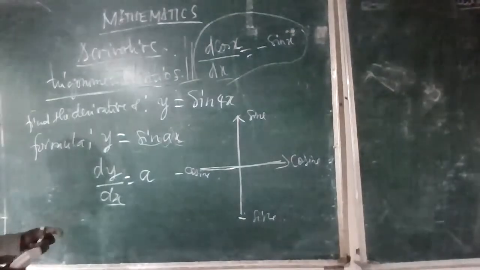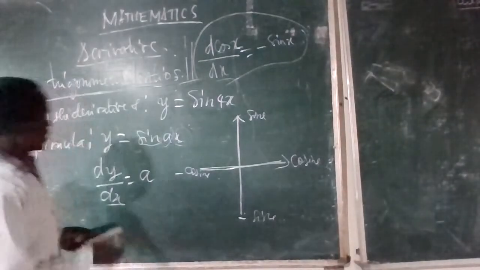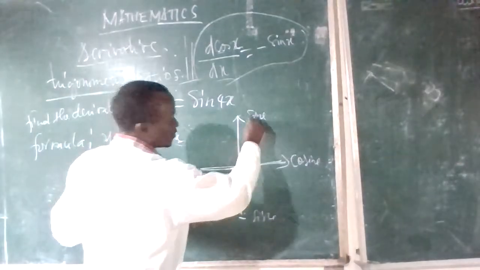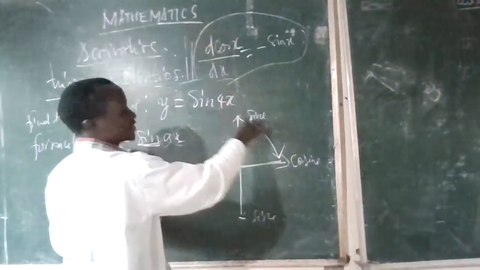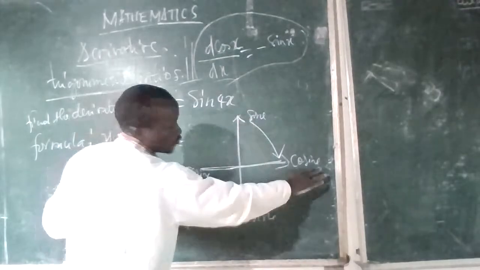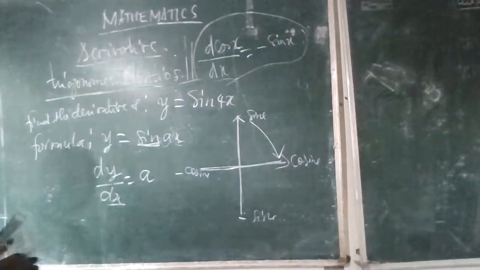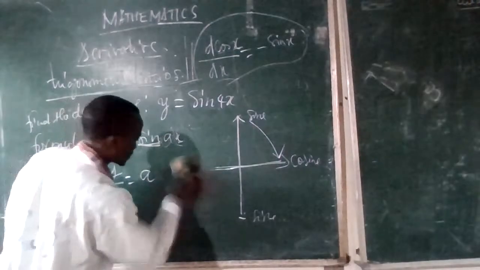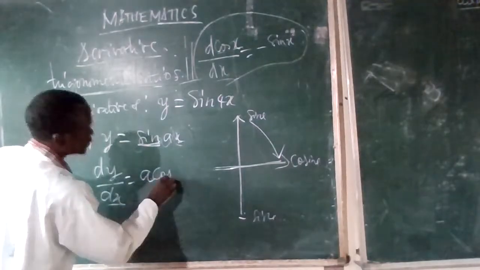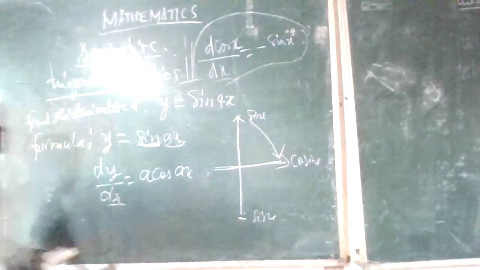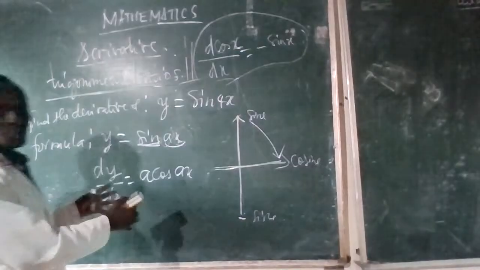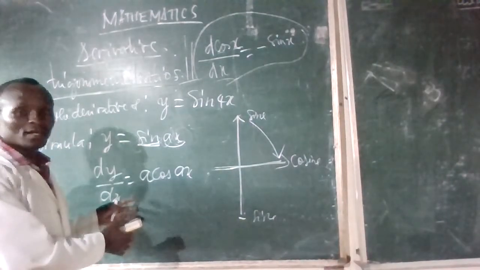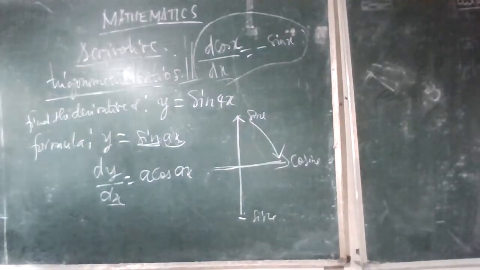Remember the derivative of sine x: you have to come down, and the derivative of sine is equal to cosine. It is cosine of ax. This is what you are going to follow right now. Are we together? So now let us continue.